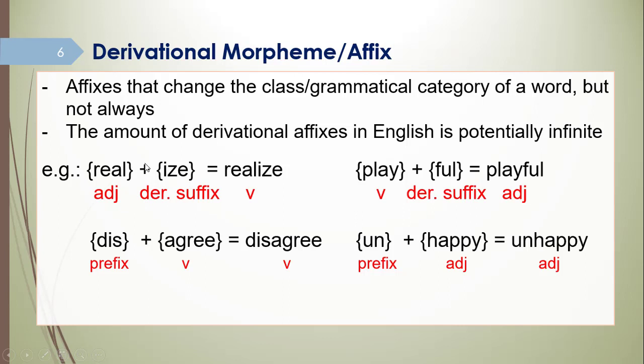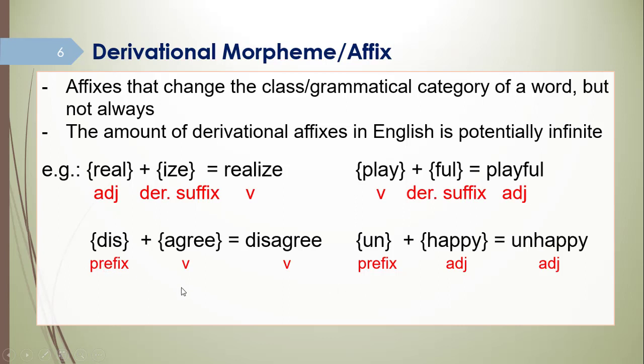Real is an adjective, and when we add a derivational suffix, it becomes a verb. And playful. Play is a verb, and -ful is a derivational suffix here. It becomes an adjective, playful. However, what about derivational affixes that don't change the word class?